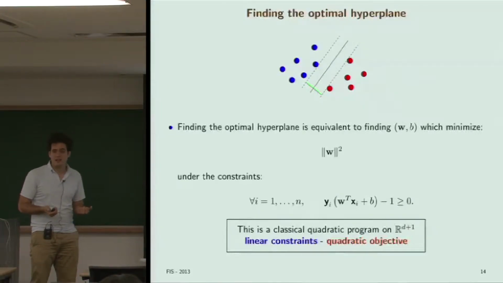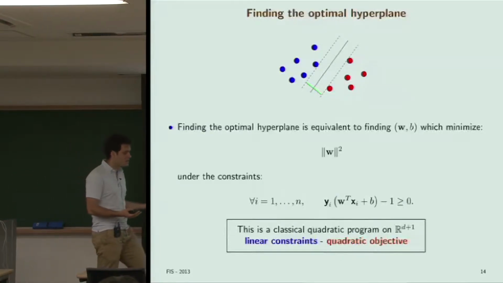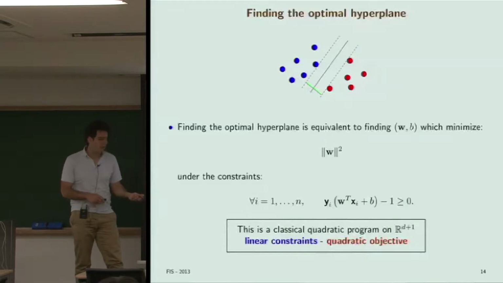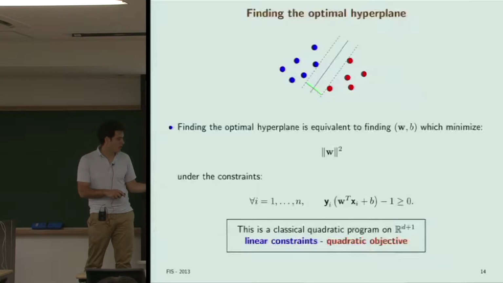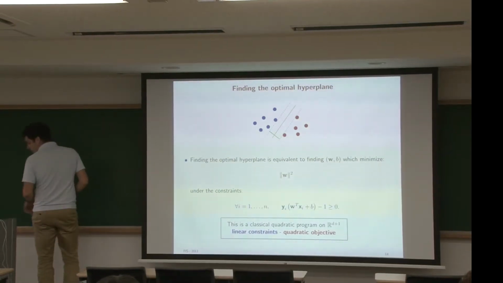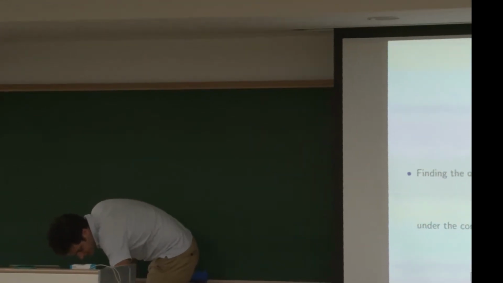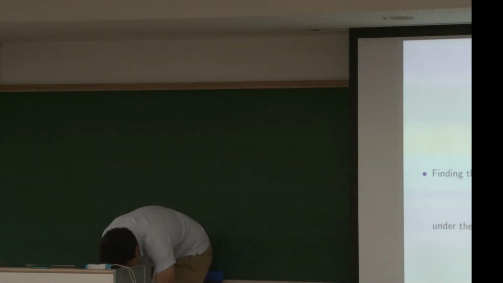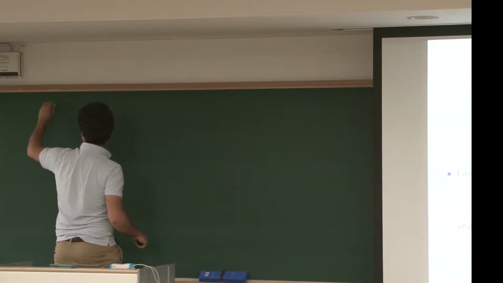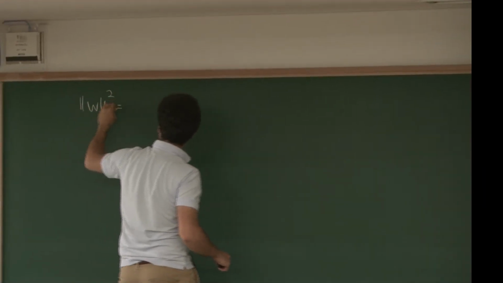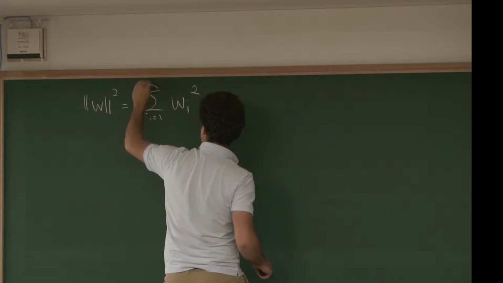So this is a classic, I say classic, but if you don't know what a quadratic program is, it's easy to see why we call this a quadratic program. Well, the objective is the norm of w, okay? So the squared norm of w is simply the sum of the wi squared.